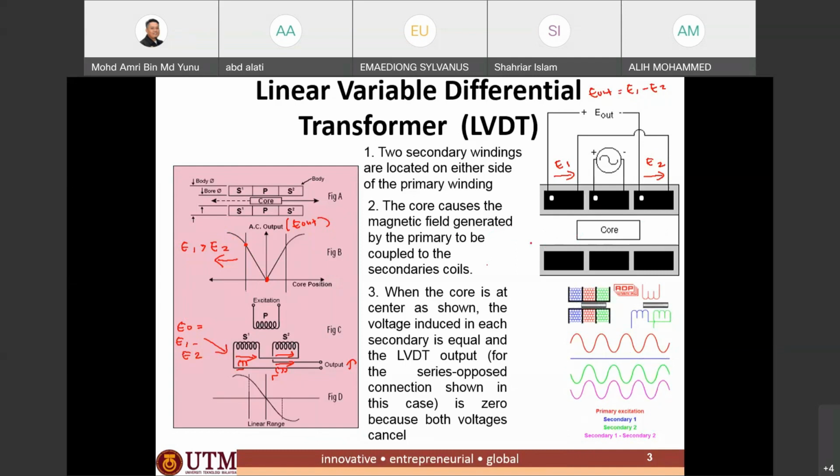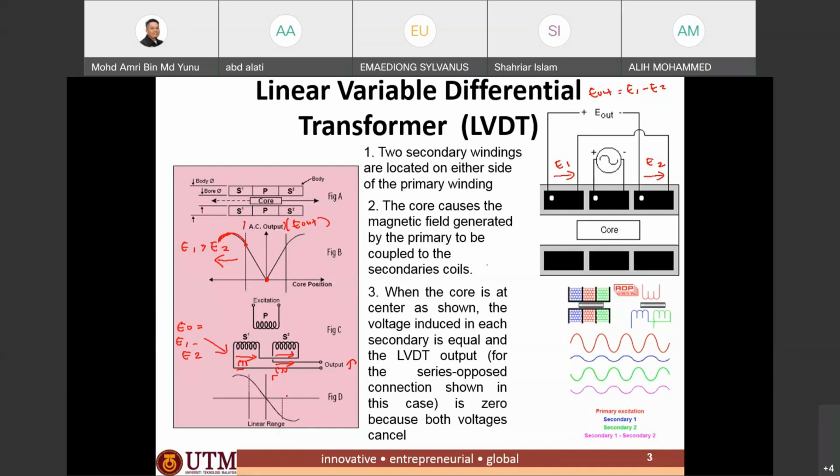So there will be no significant electromagnetic flux coupled to either the first part or the second part of the secondary. Here we will see E out start to drop. In figure B, it represents the absolute value, but the actual amplitude is represented by figure D.